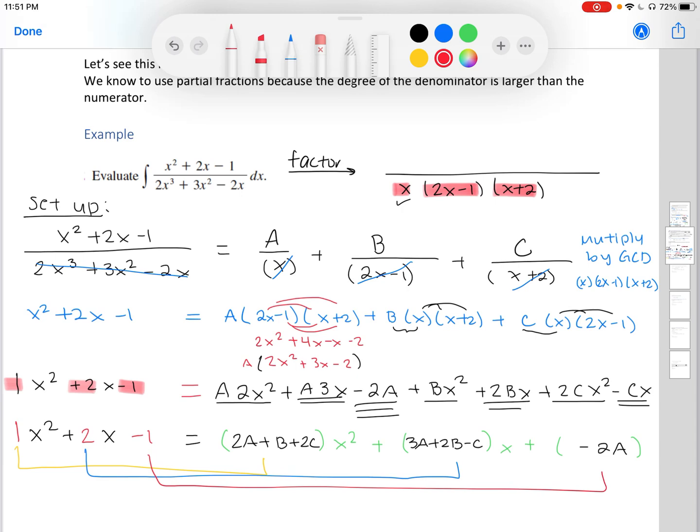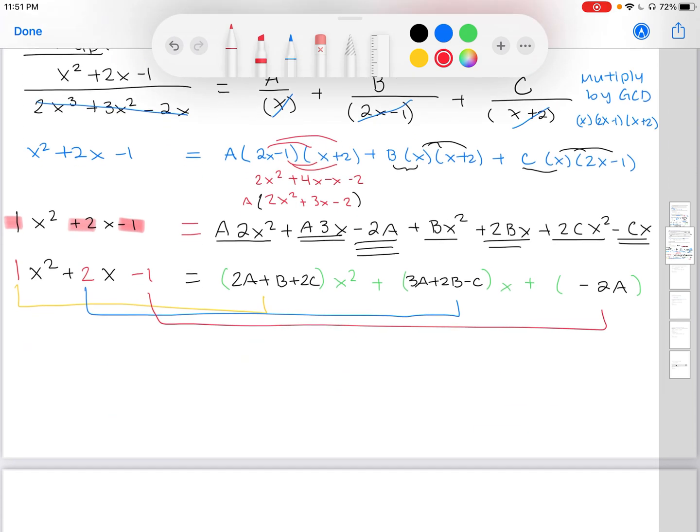Let's set those equal to each other so that we have three linear equations.